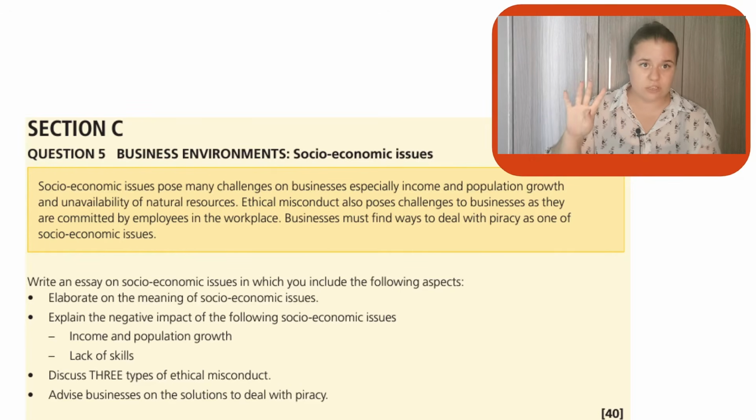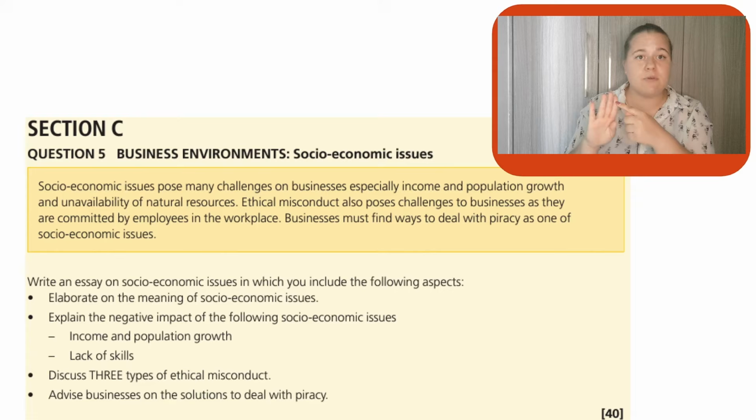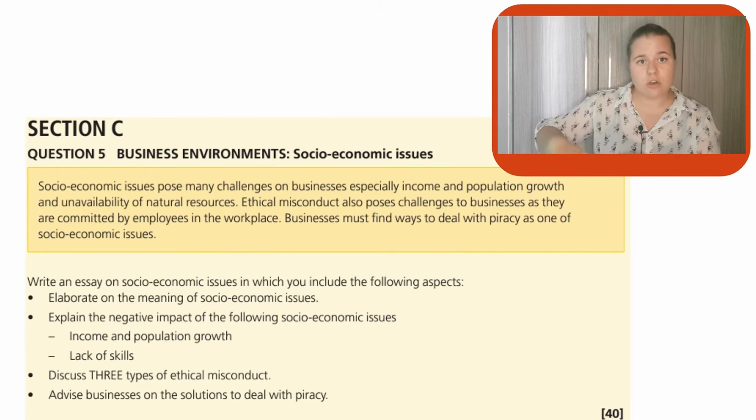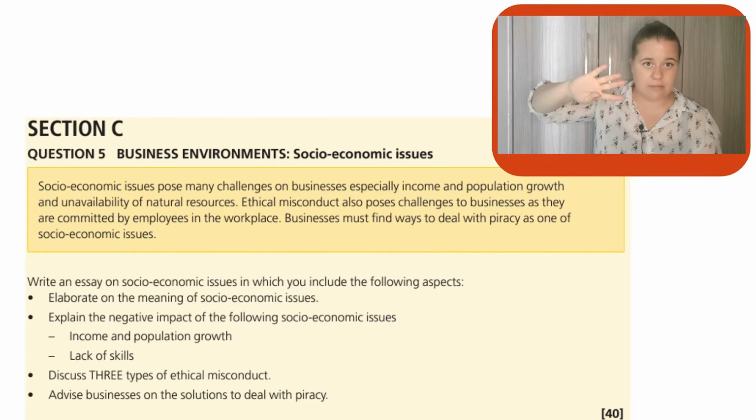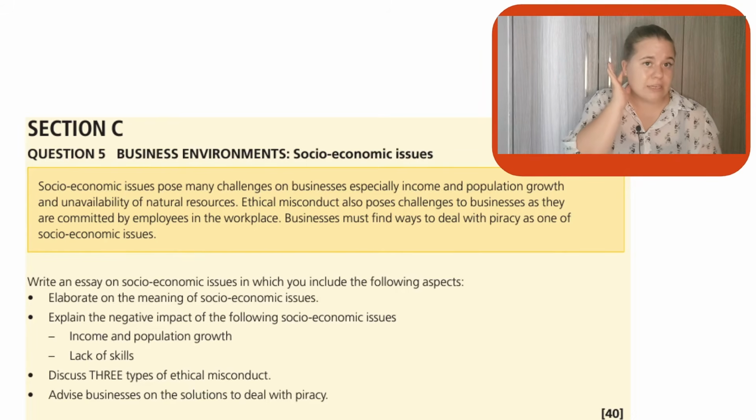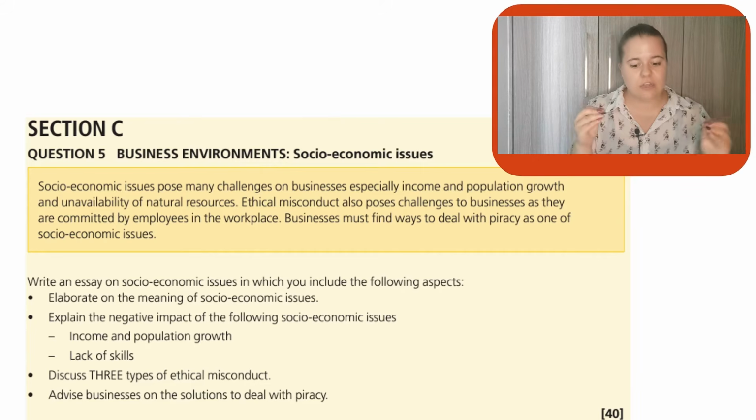Now there are 4 bullets, right? I'm talking about the solid black dots. 4 bullets. Those 4 bullets make up your 4 headings. Very, very, very important. Okay, so with every single essay in business studies, we have an introduction, a conclusion, and our 4 headings in the middle. Now, the second one does have 2 subheadings, but please remember when you're writing the heading, you need to write it as explain the negative impact of the following socioeconomic issues.